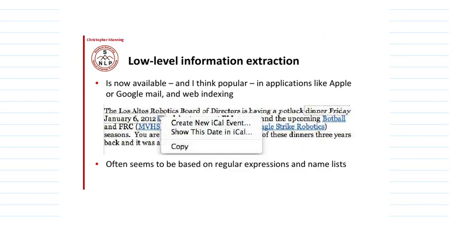So we see here the data that is extracted from some piece of text. This is a kind of event which can be linked to another application, that is the calendar.